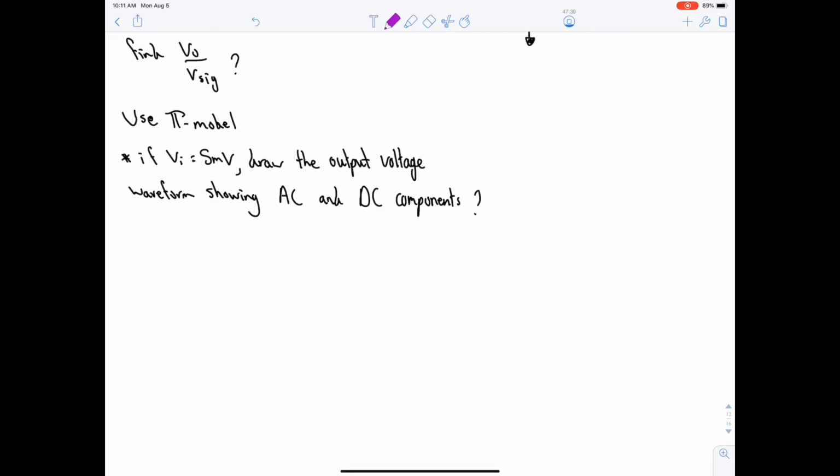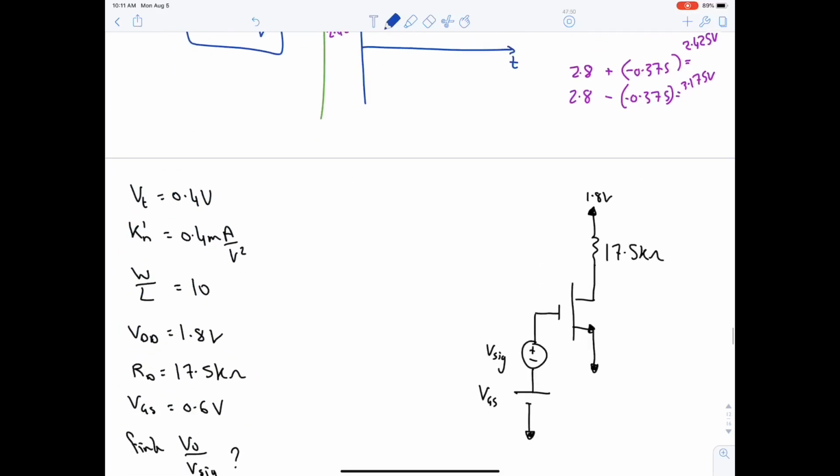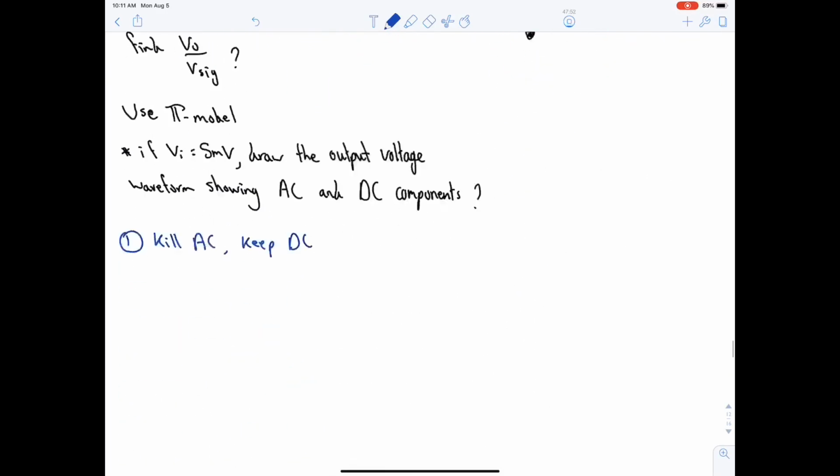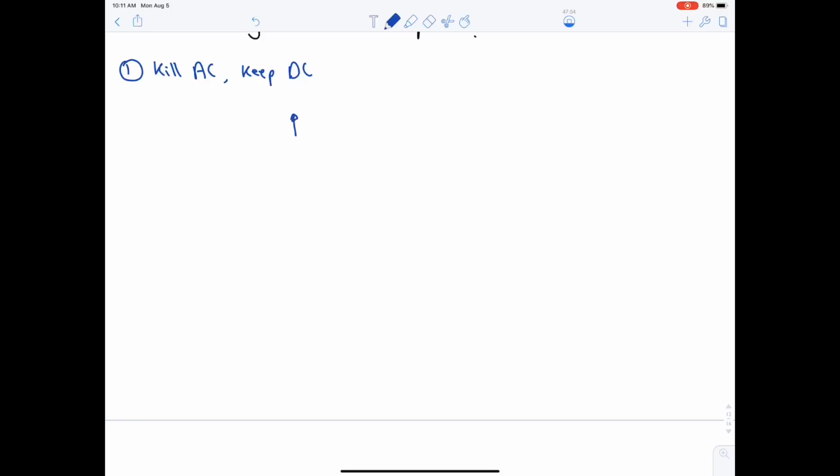Next question, amplifier again. Let's begin. First step, kill AC, keep DC. Okay, we have to kill only this, so it will look like the following: 1.8 volt, 17.5 kilo ohm.